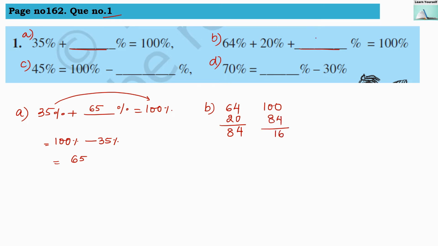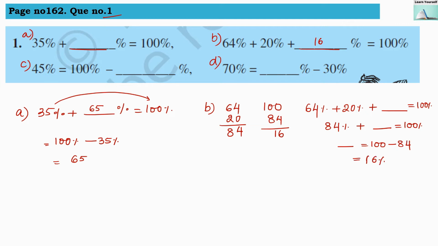So plus 16% will give us 100%. How are we going to write this? 64% plus 20% plus x equals 100%. So 100 minus 84, or we can guess this quantity as x. Then x is going to be 16%.